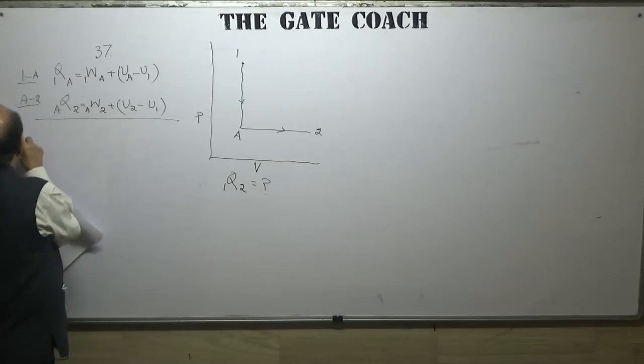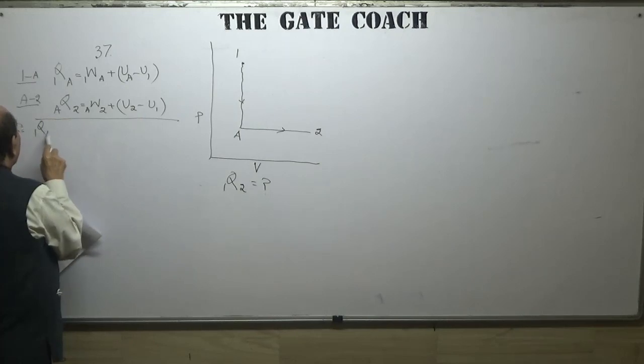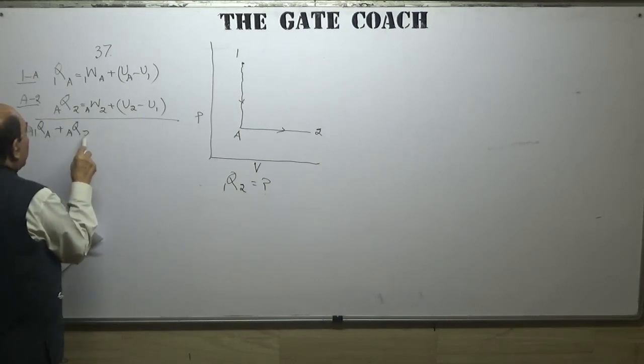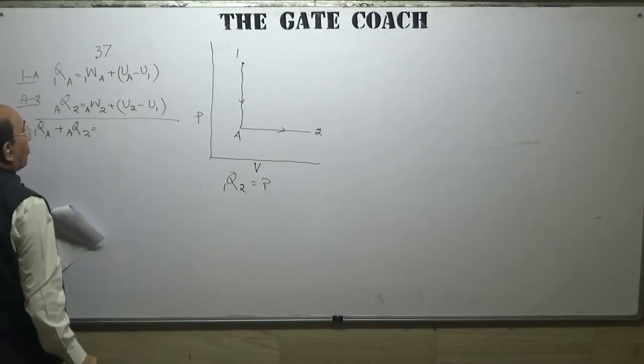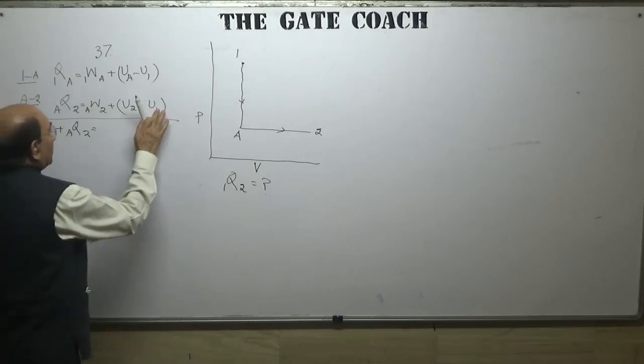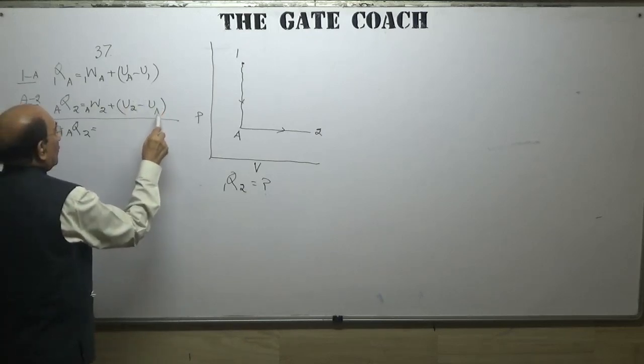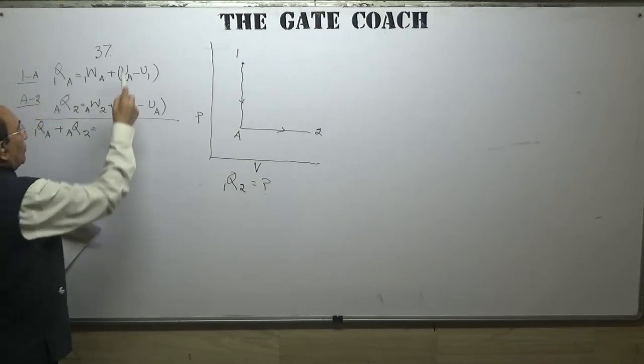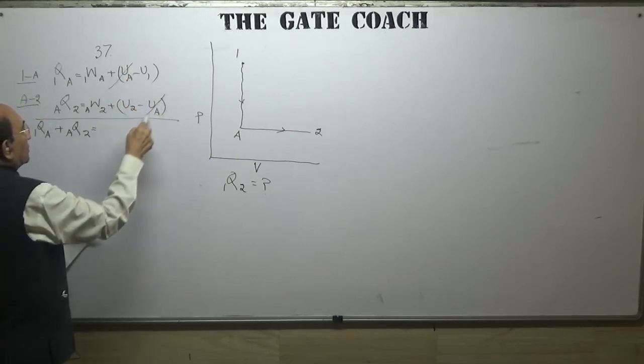What we are required to find out is Q12, which is Q1A plus QA2. This is U2 minus UA, and this UA gets cancelled.